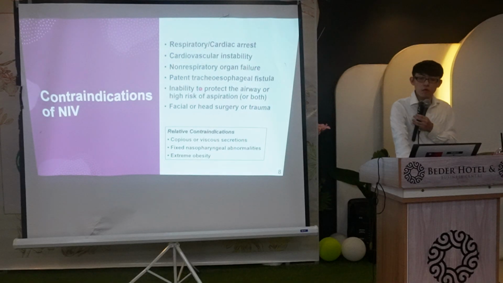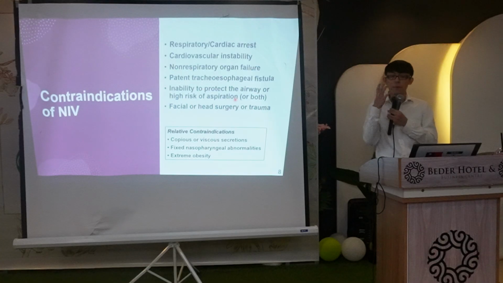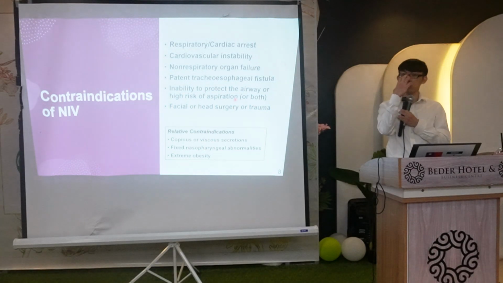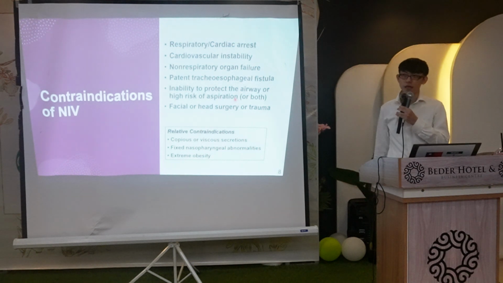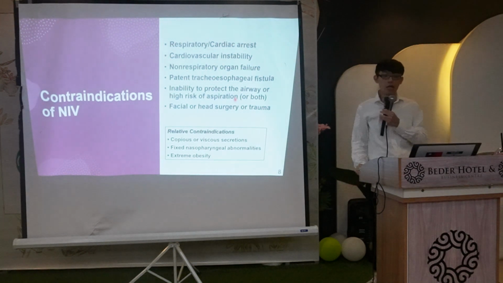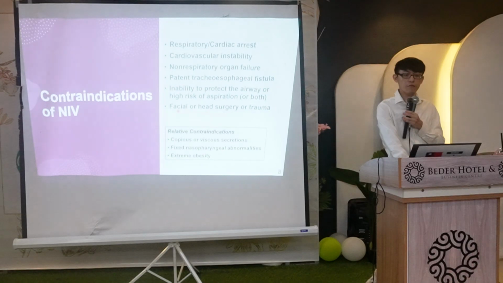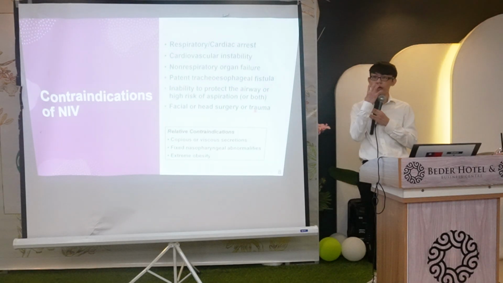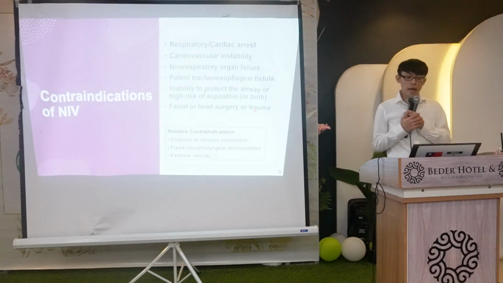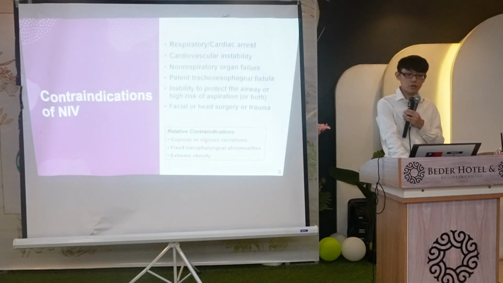And the items below show that NIV needs a mask to cover the nose and mouth of the patient. So if the patient has an anatomical abnormality, like some fistula or facial trauma, this is another contraindication to wearing the mask. And the relative contraindications include a lot of secretions, obesity, or nasopharyngeal problems.